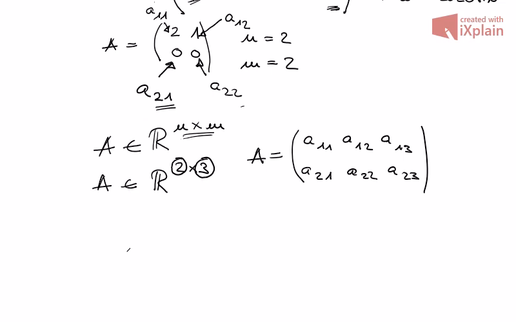And these A_i,j, for i from 1 to 2, and j from 1 to 3, are real numbers. So that's the notation that I will always use.